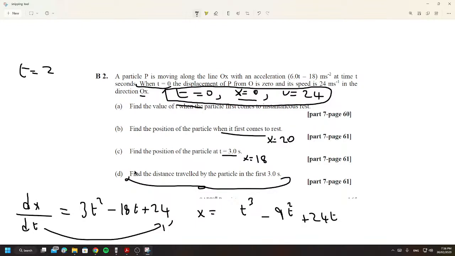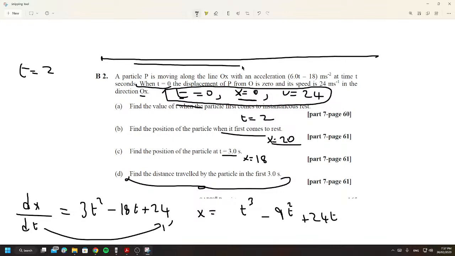Okay, so find the distance traveled by the particle in the first 3 seconds. So when t was equal to 0, it was at 0, because when t is equal to 0, x is equal to 0. Then it went all the way to 20 when t was equal to 2.